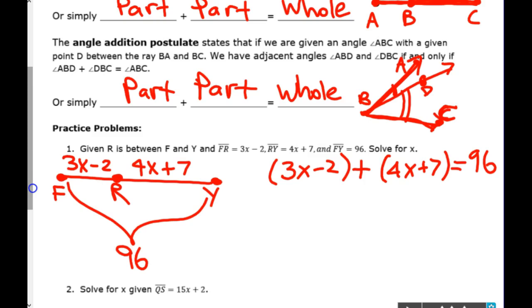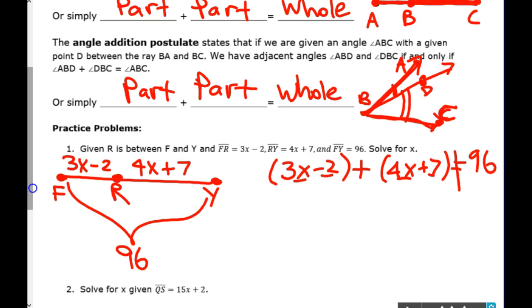Now, we've been doing these on the warm-up, so you should know how to solve an equation. Now, I know it's kind of weird to have a bunch of stuff on the left side of the equation. Do y'all remember what we do when we have more than one thing on one side? Combine like terms, right? And in fact, there's 2 x's. There's also 2 constants. So we can combine 2 different things in one step, okay?